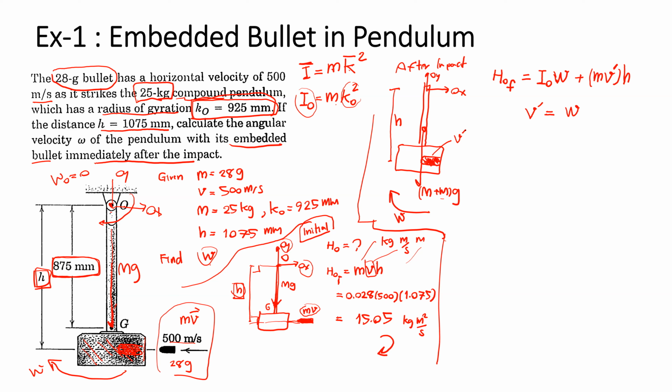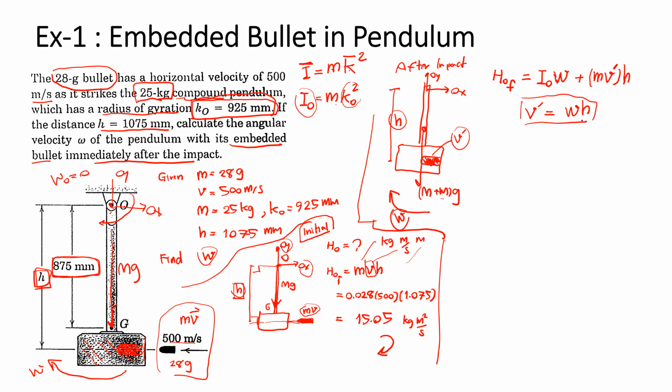How can we relate v prime to the unknown omega? v prime equals the omega multiplied by the radius.